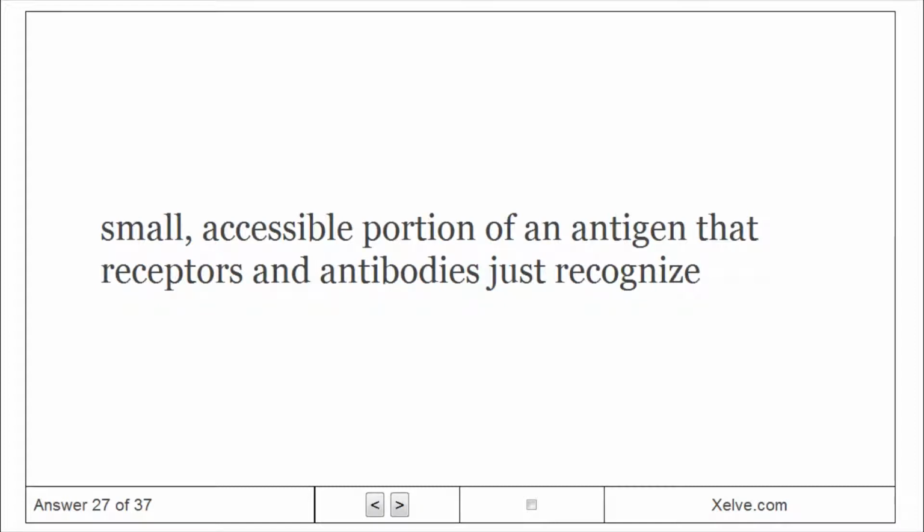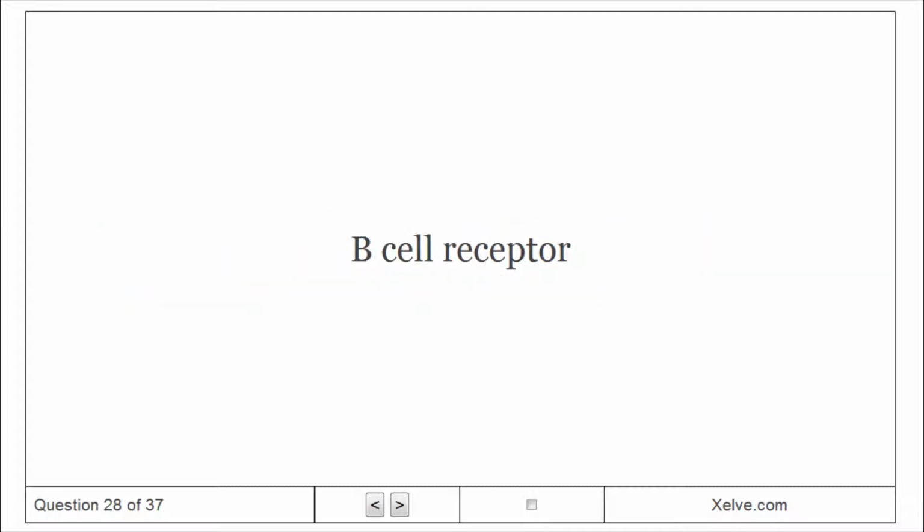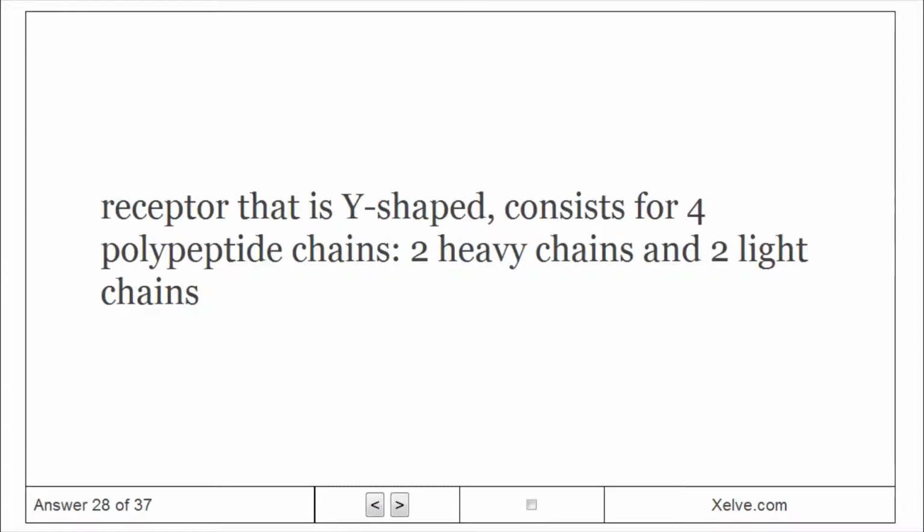Small, accessible portion of an antigen that receptors and antibodies recognize. B-cell receptor. Receptor that is Y-shaped, consists of 4 polypeptide chains, 2 heavy chains and 2 light chains.